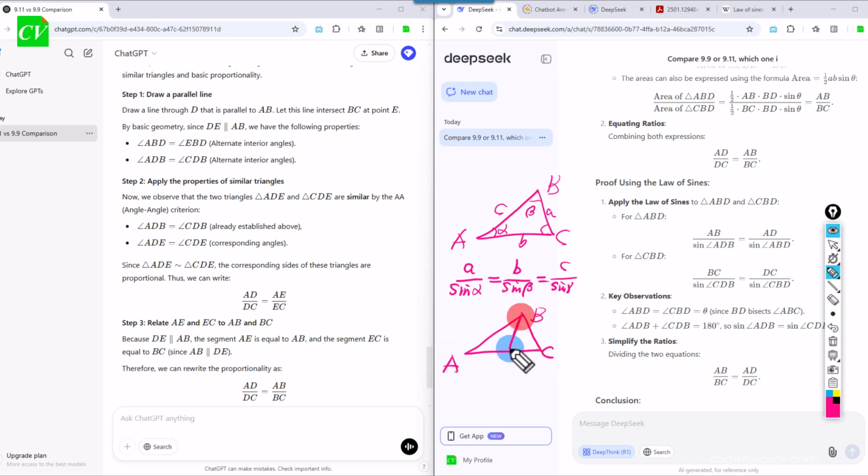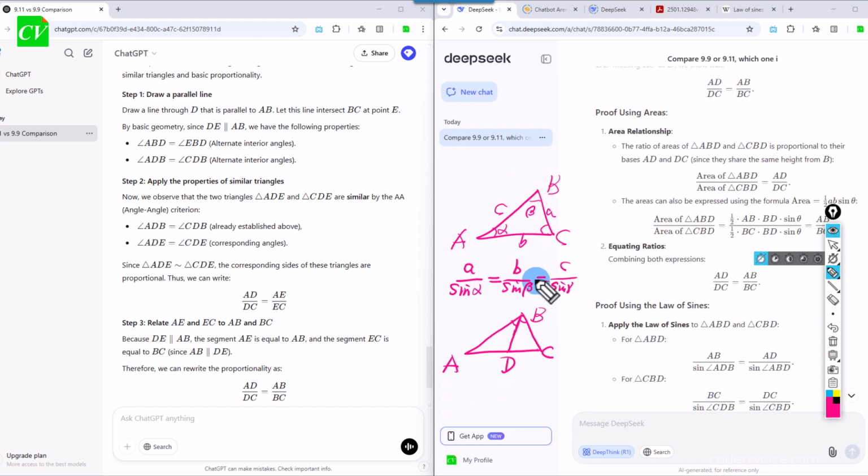So DeepSeek uses this sine law, and this is the triangle ABC, where BD bisects this angle, so these two angles are the same. Because of this sine law, for these two triangles, ADB and BDC, both satisfy this law.